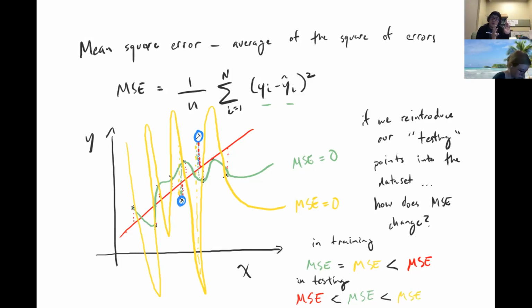And so when we look at this plot that I've drawn, and I look at the red line versus the green line versus the yellow line, you can visually and intuitively think to yourself, oh, okay, that's kind of obvious, right? Like I'm drawing these squiggly lines through all the points, and that's clearly some kind of overfitting, if you've heard that term before. And so the mean squared error is one of the best ways that we have to examine whether or not overfitting is happening.